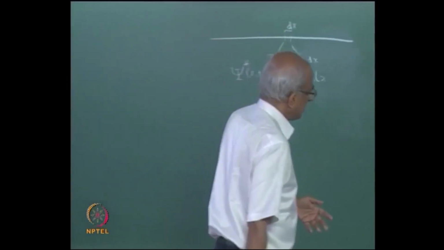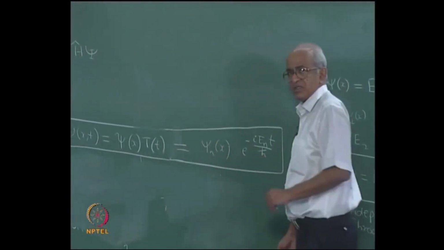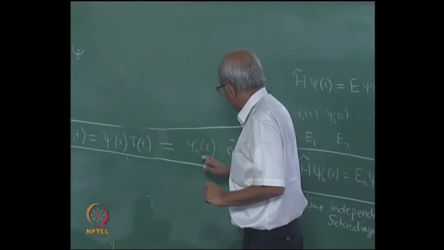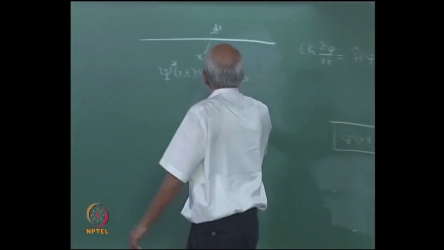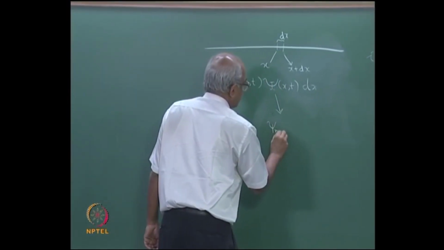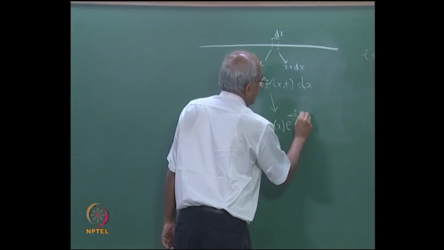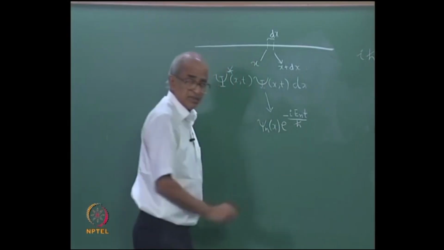But let us imagine that the state function is given by this particular expression. What will happen if you had this particular expression? Let us look at it by substituting this expression in here. So, psi of x is going to be psi n of x e to the power of minus i E n t divided by h cross, correct.